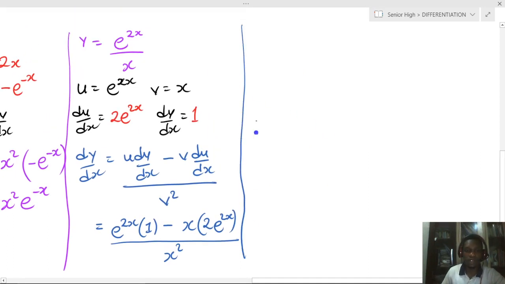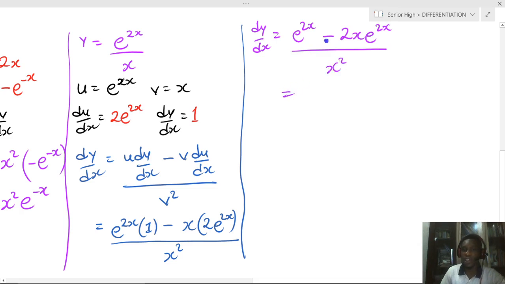So solving this, we have that our dy dx is equal to exponential 2x multiplying 1 will still give us exponential 2x minus, because x multiplying 2 gives us 2x exponential 2x, all over x squared.